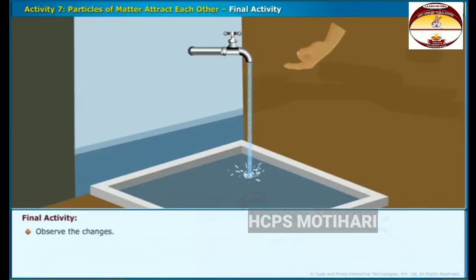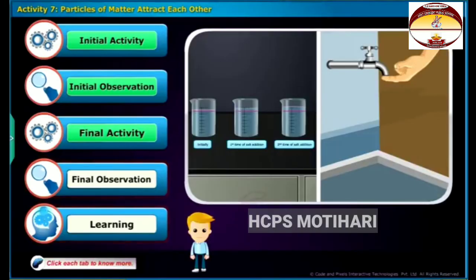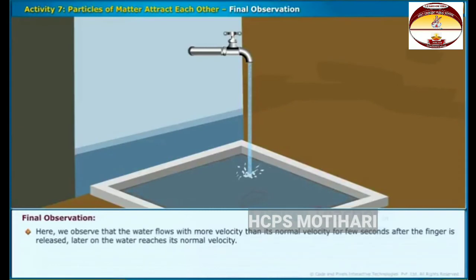Observe the changes. Here, we observe that the water flows with more velocity than its normal velocity for a few seconds after the finger is released. Later on, the water reaches its normal velocity.